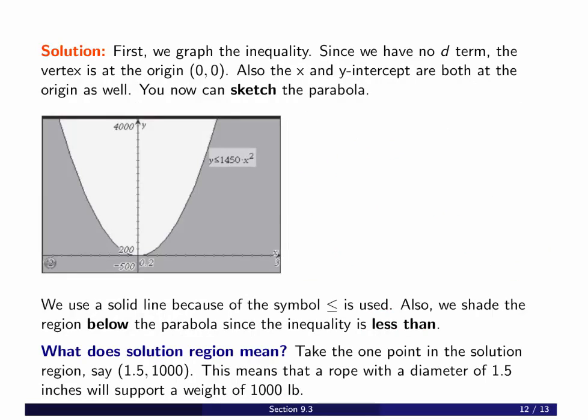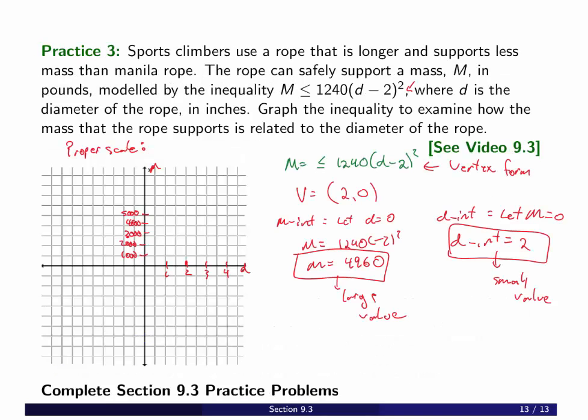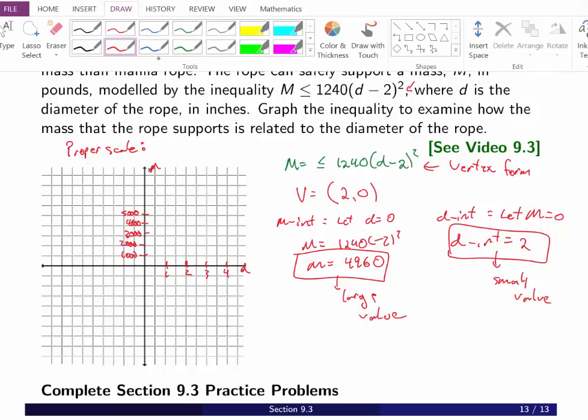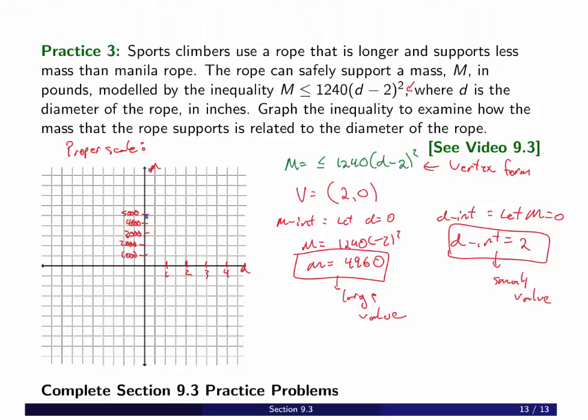Remember, I'm going to be principally interested in quadrant 1 here. Then we can graph this quite easily, because 4,960 is basically close to 5,000 when I sketch this. It's going to be right there. The intercept for d is right here.